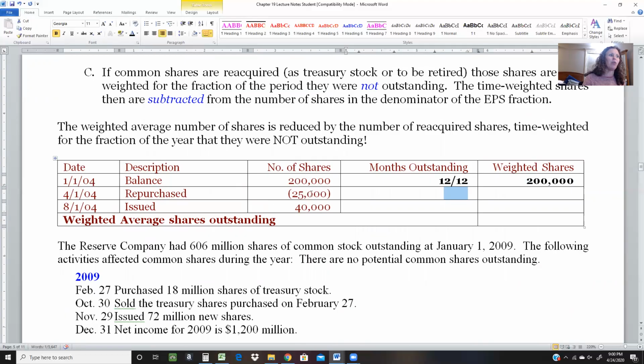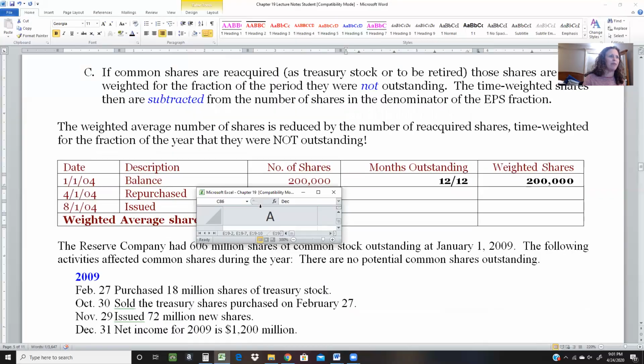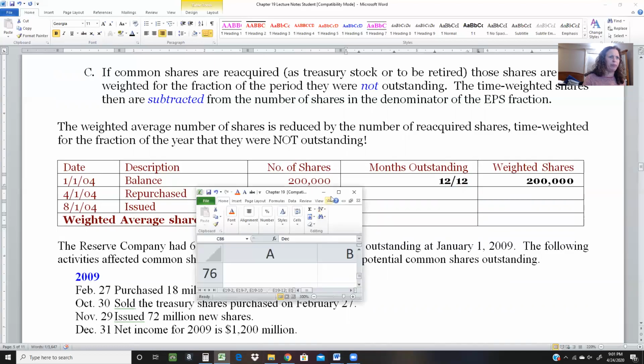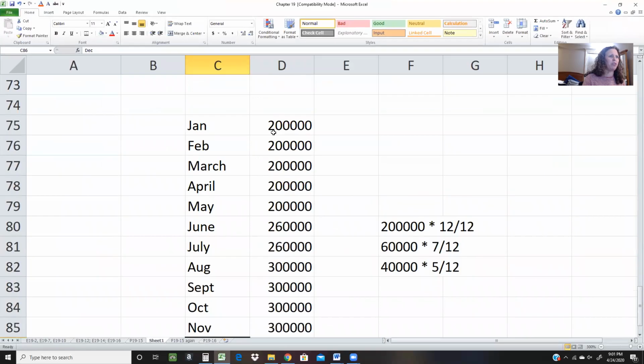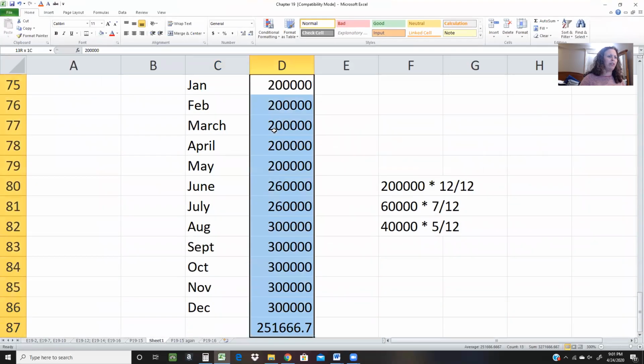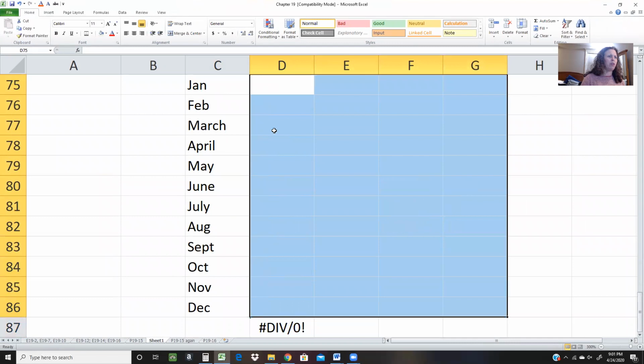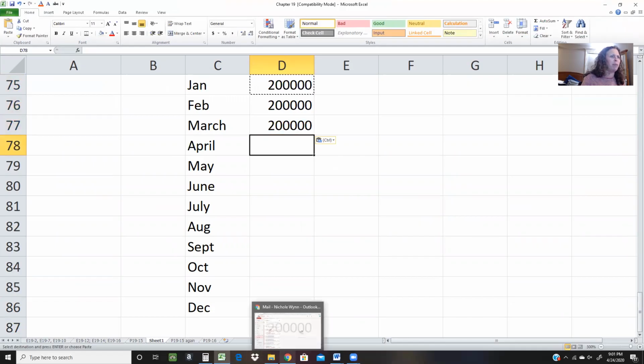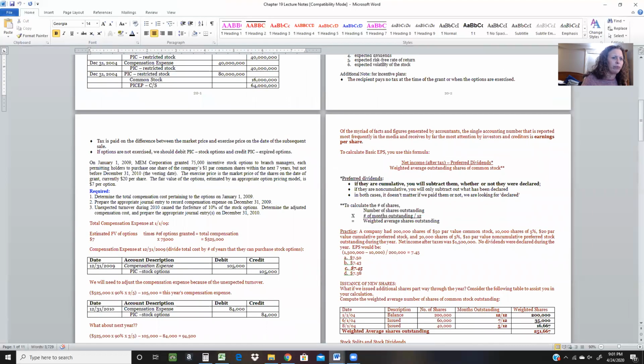So basically what would happen is if we were doing this calculation on January 1, I want to just go do that because I think sometimes that helps us make sense of it. I'm just going to go over here and do it. So if we were to use this example, we had 200,000 shares January, February, and March.